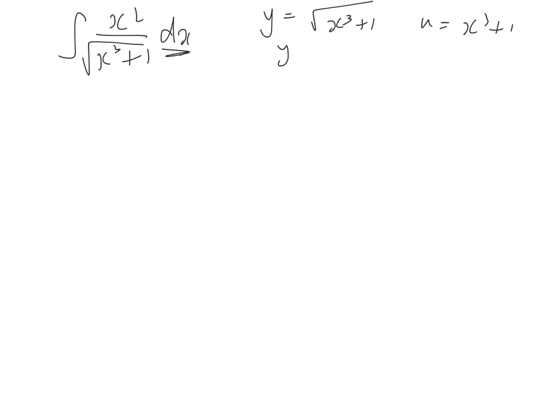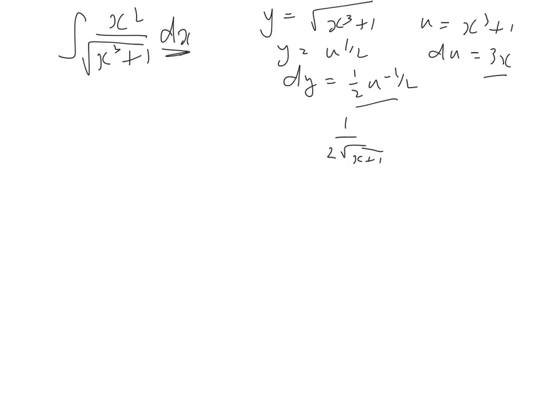So from here, y equals u to the power of a half, so dy du will equal 1 over 2 u to the negative a half, and over here du dx equals 3x. So the derivative dy dx will multiply that by that, and we have 1 over 2 the square root of x cubed plus 1 all over 3x.